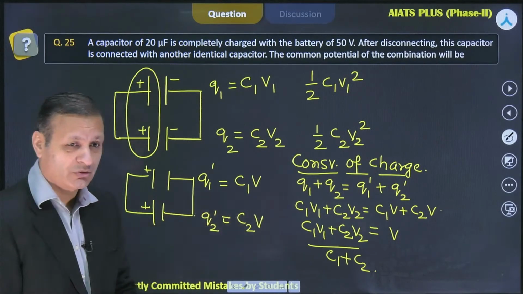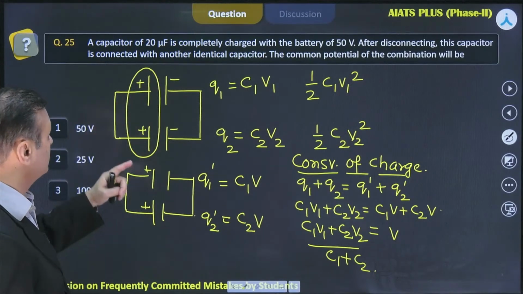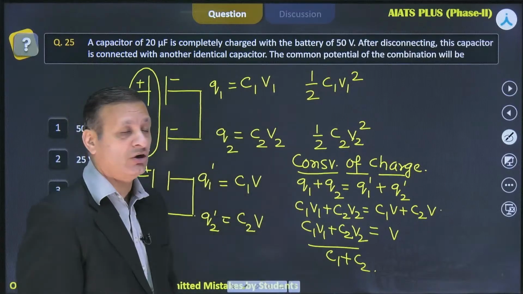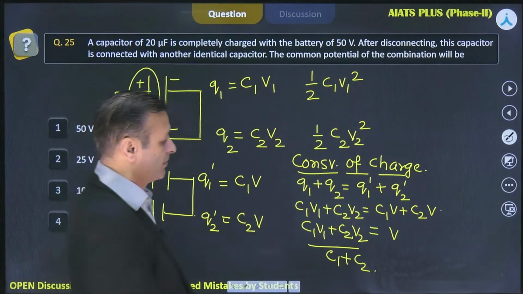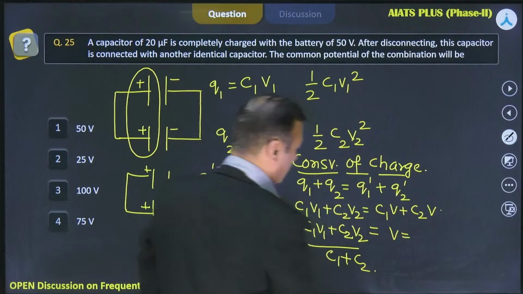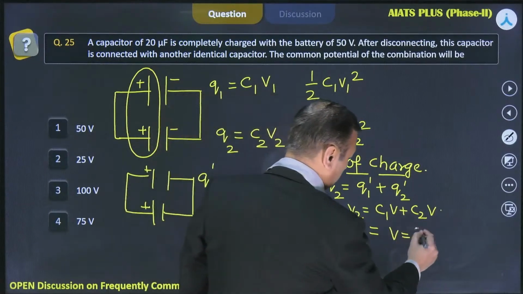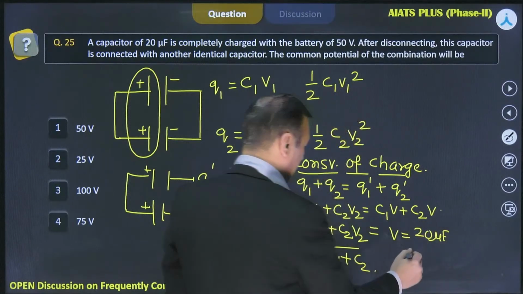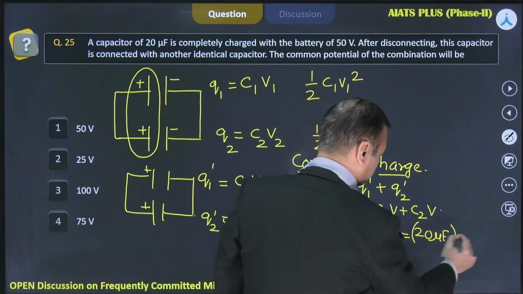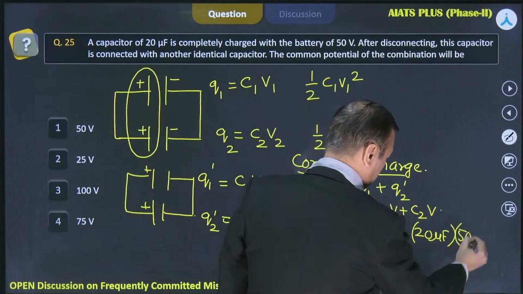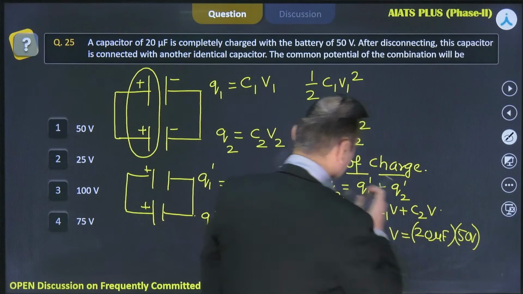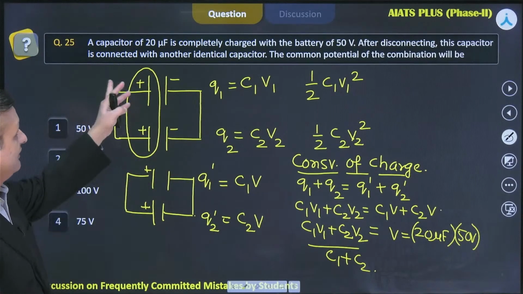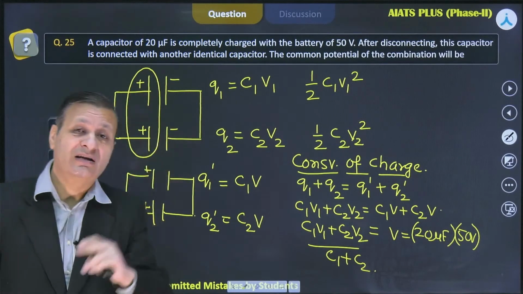Now let's come to the question. It says a capacitor C1 is given to you as 20 microfarad, completely charged with a battery of 50 volt. So if I simply put the values in this, C1 is 20 microfarad, and V1 is 50 volt. Now after disconnecting, this capacitor is connected with another identical capacitor.